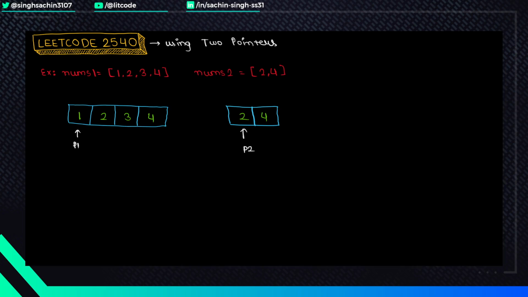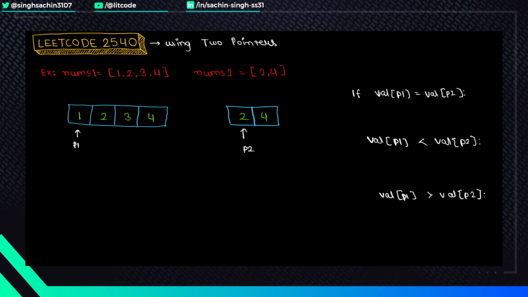Now I will check, so there will be three conditions: if the value at p1 is equal to the value at p2, if the value at p1 is less than the value at p2, and if the value at p1 is greater than the value at p2. So these are the three conditions which are possible.